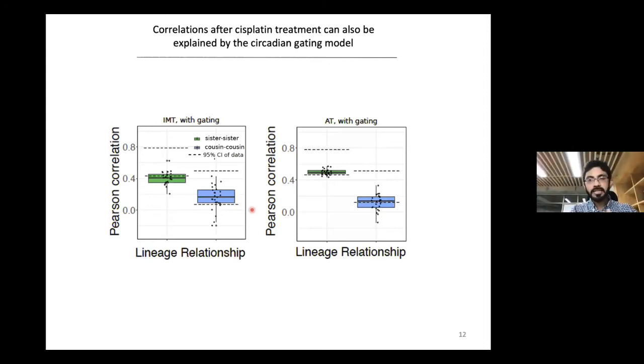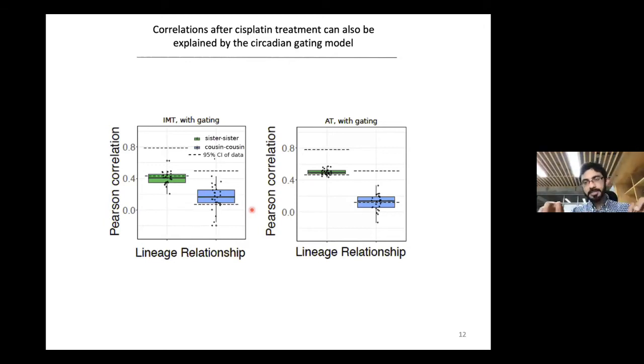What we are doing in the lab currently is building experiments where we can look at mammalian cells. We are in fact working with a stem cell system where, depending on how differentiated it is, we can induce the circadian clock oscillations versus get rid of them.